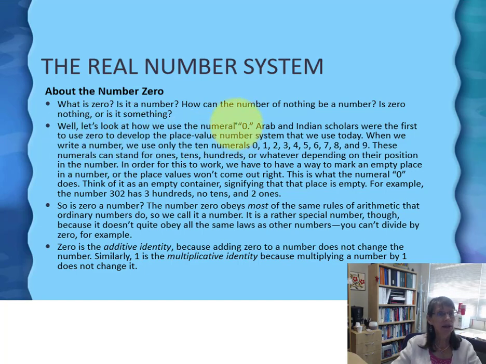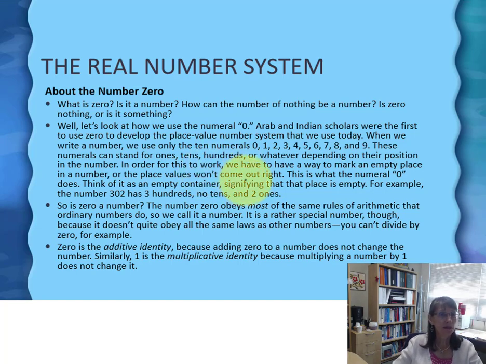So if we look at the number 0 again, we know back in history, Arab and Indian scholars were the first to use 0 to develop the place value number system that we use today. When we write a number, we use the numbers 0 through 9. These numerals can stand for ones, tens, hundreds, or other place values.